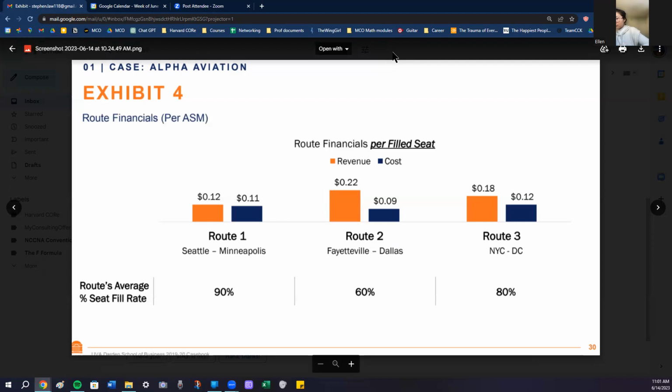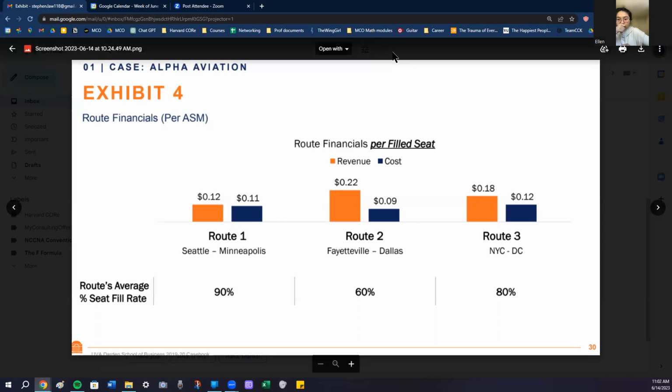And for route 2, we have the 13 cents per ASM multiplied by the 72 seats. So that's 936.